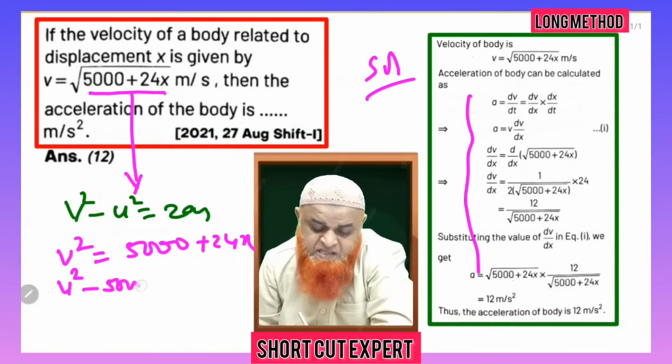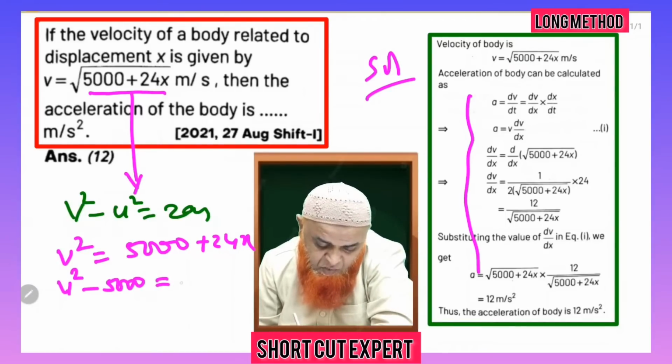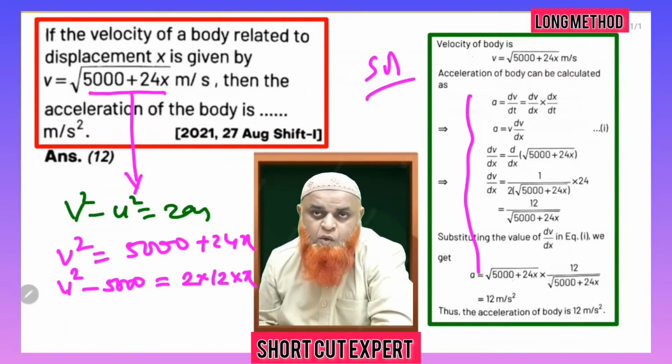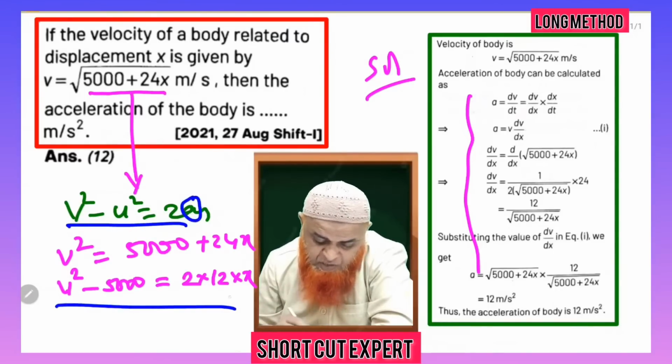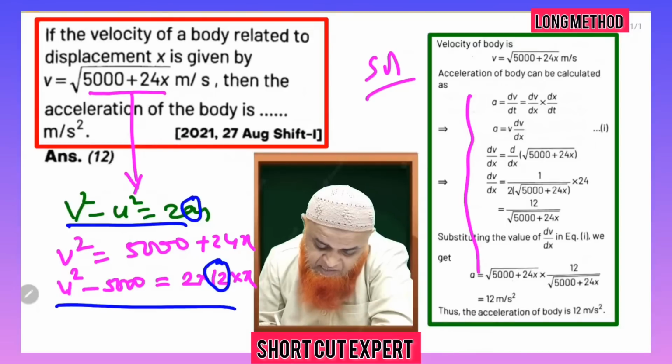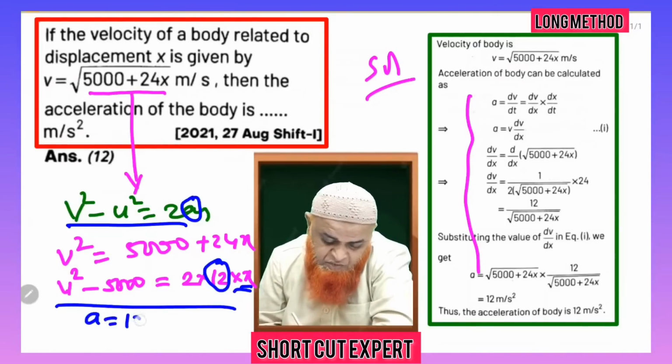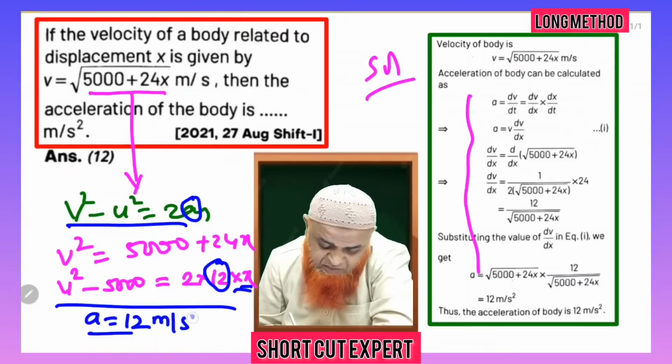So I can just write this as v square minus 5000 is equal to 2 into 12 into x. You can just compare these two equations now. Here acceleration is there, here acceleration is there. Instead of displacement, here x is there. So directly you can write acceleration as 12 meter per second square.